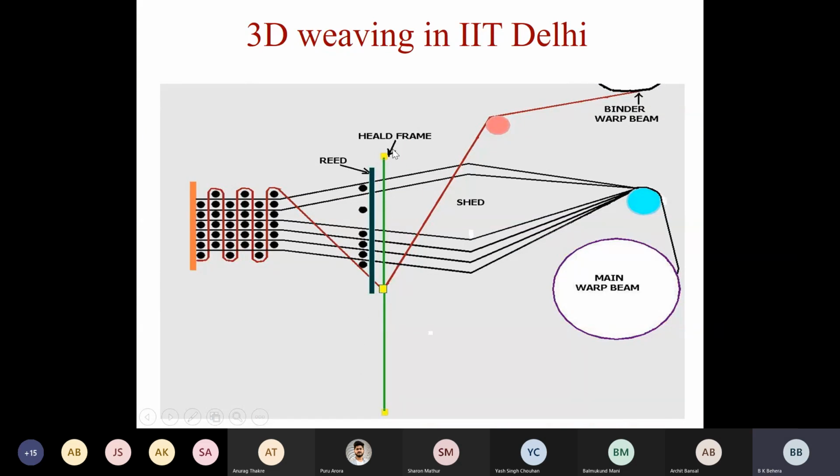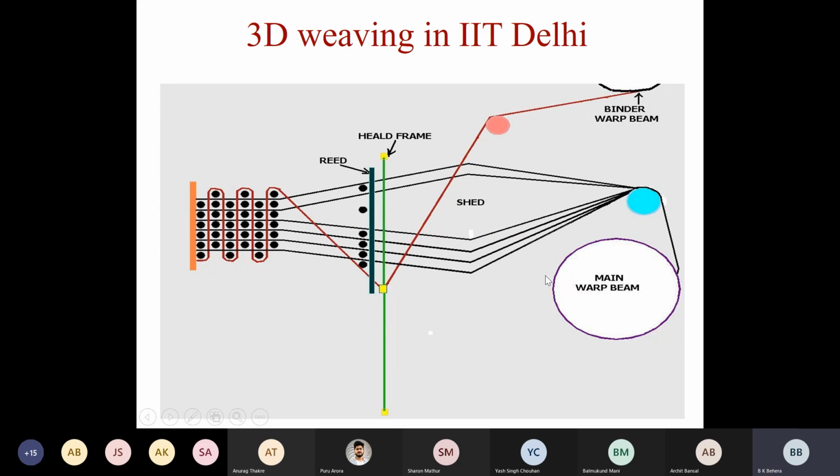This green color is another heald frame through which only these binder yarns will be passed. Whereas all other warp yarn, that is stuffer, which is coming from this beam, are divided into 6 different heald frames. This is heald frame number 1, heald frame number 2, 3, 4, 5, 6.